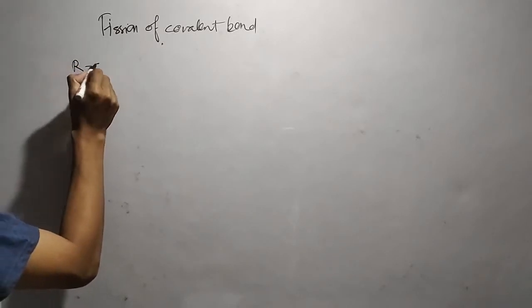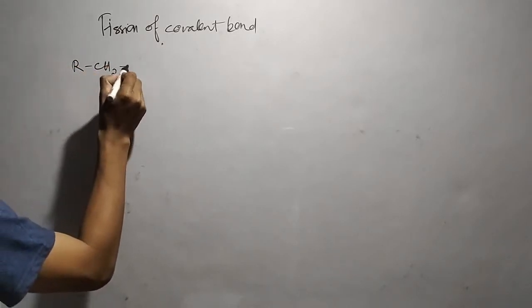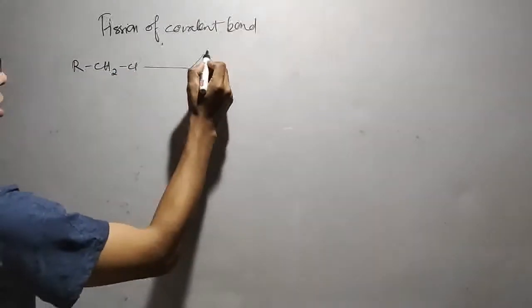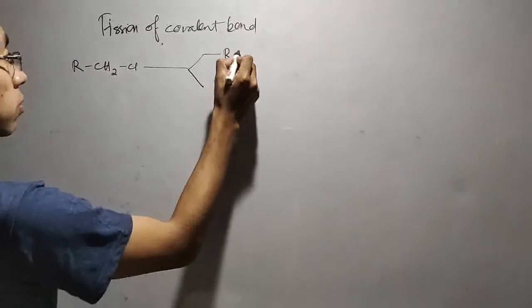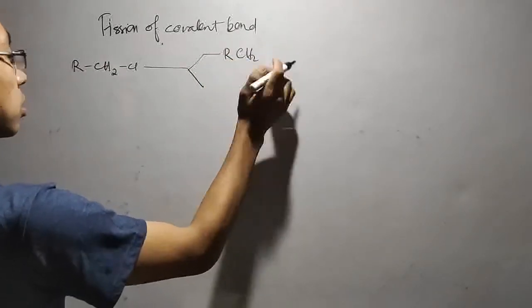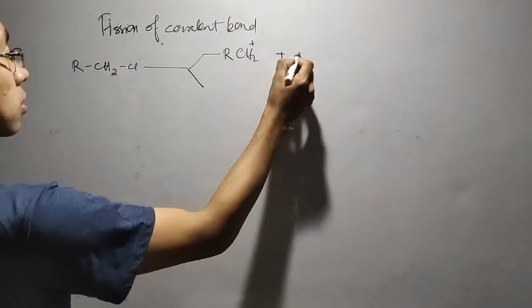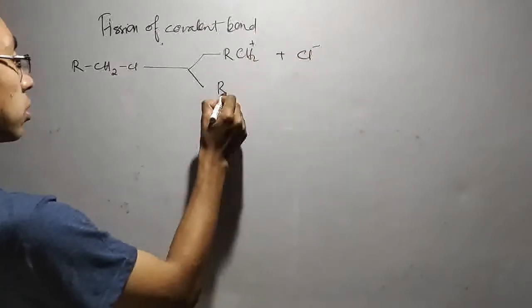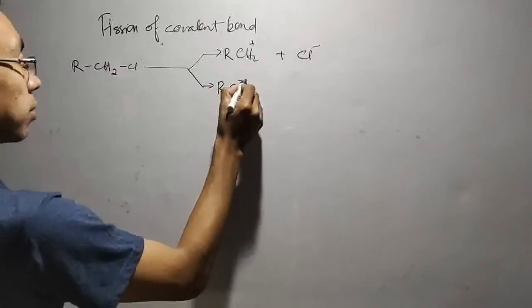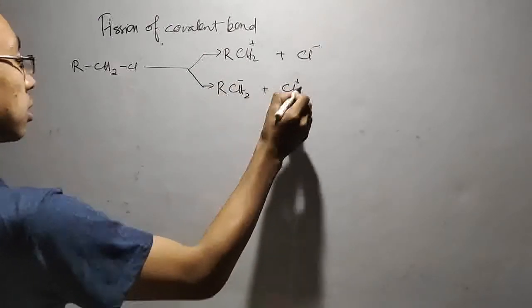So suppose RCH2Cl. So one is RCH2 plus the Cl minus, or it can also give RCH2 minus plus Cl plus.